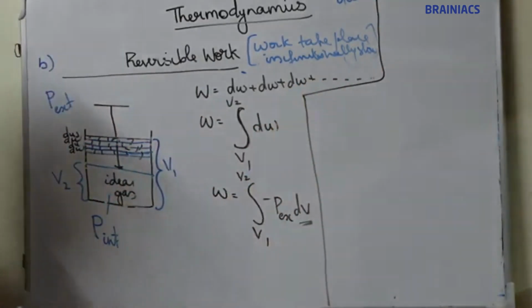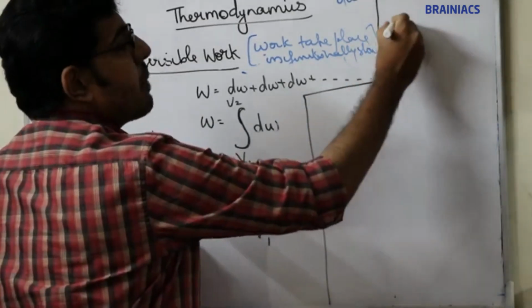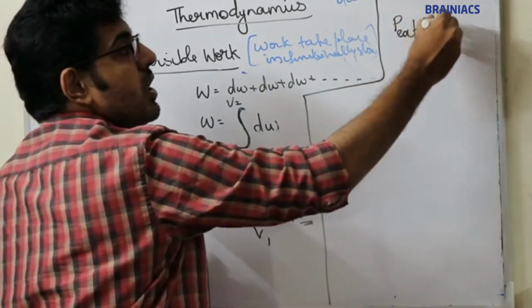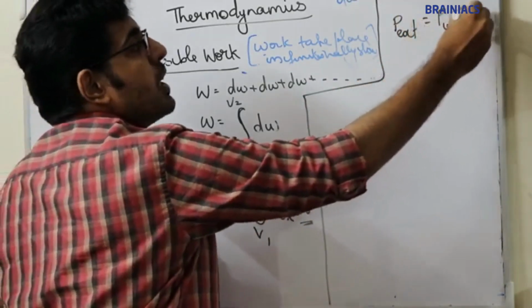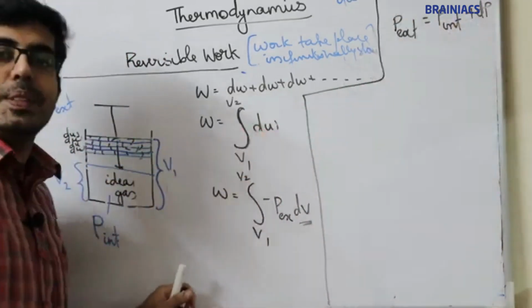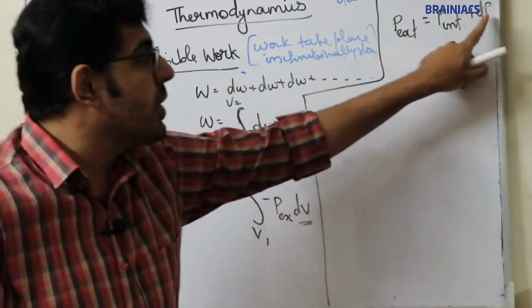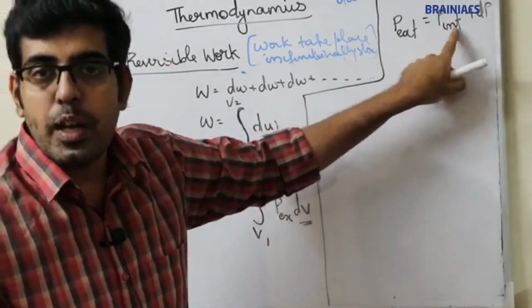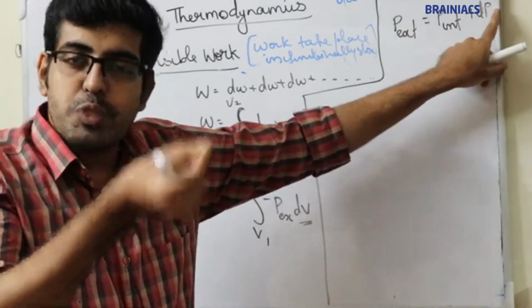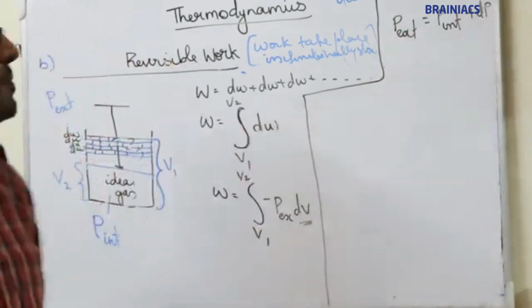We know that external pressure is equal to internal pressure plus dP, which we have already discussed. External pressure is a little bit greater than internal pressure, that is, internal pressure plus that little bit of pressure, an infinitesimally small change in pressure.